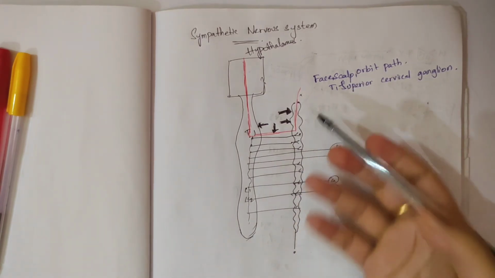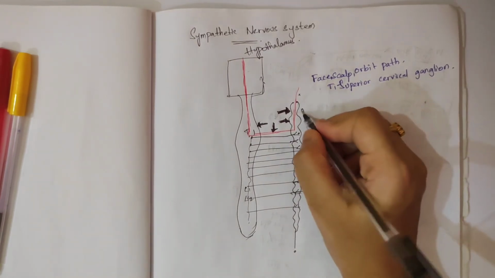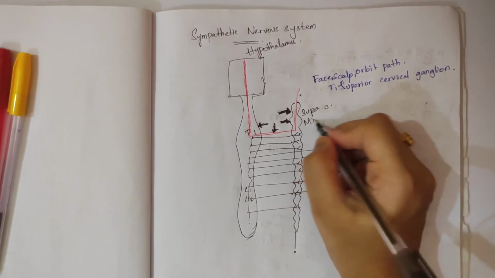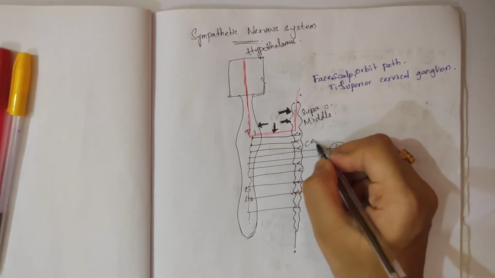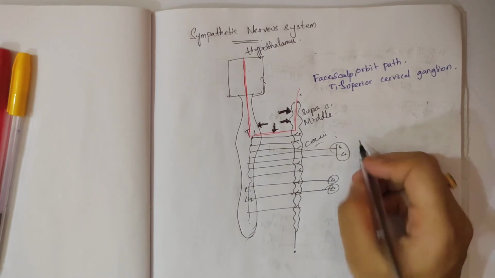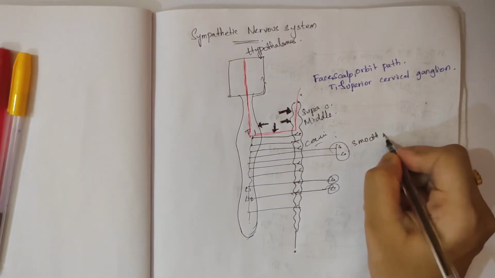So yeah, this has the superior cervical ganglion, middle cervical ganglion, cervicothoracic ganglion, and these innervate smooth muscles.